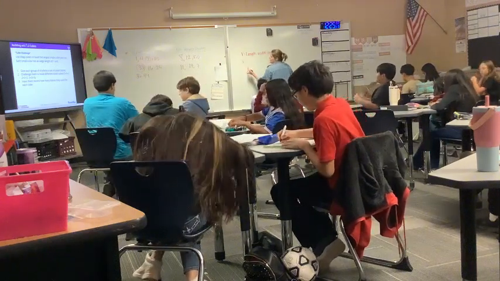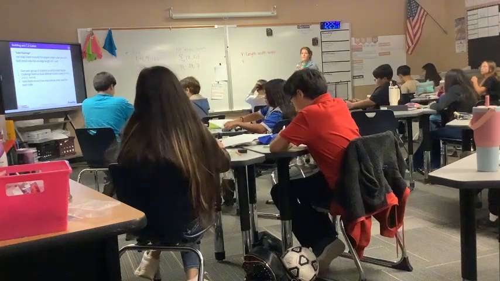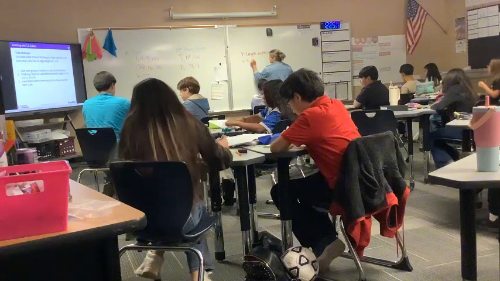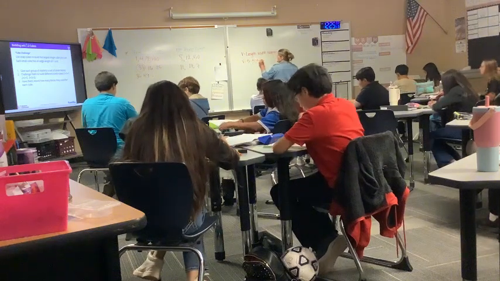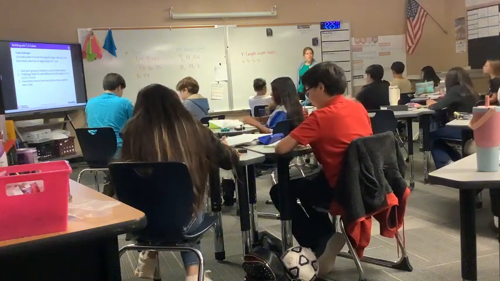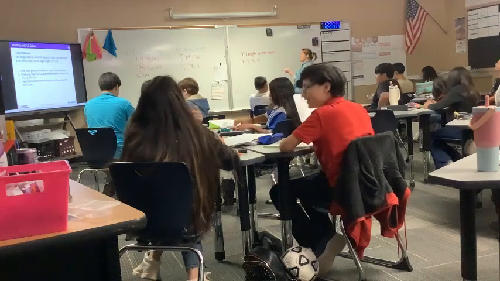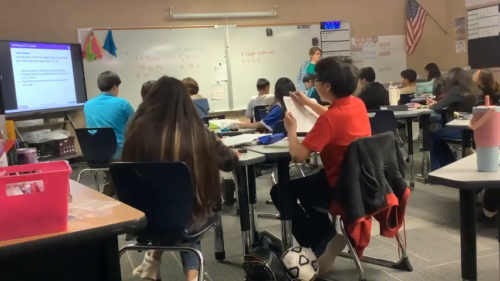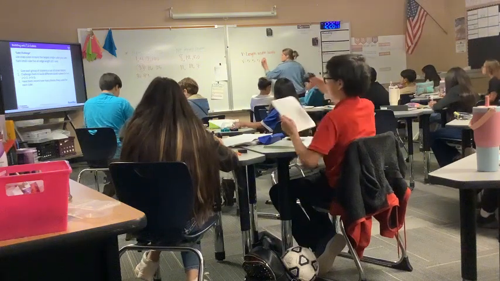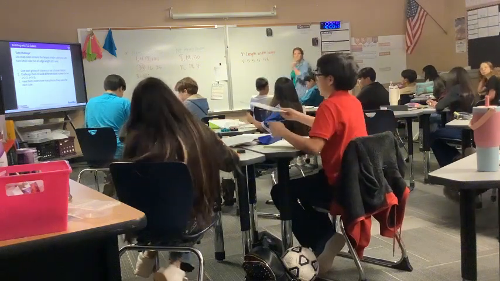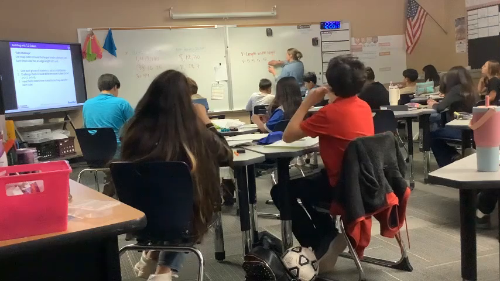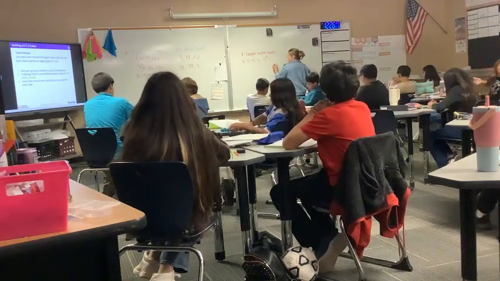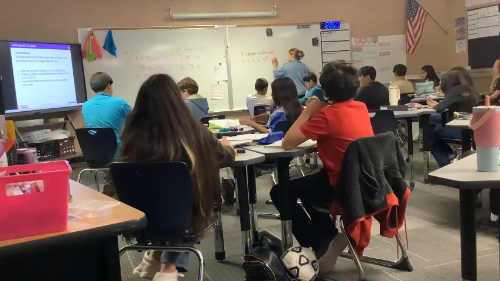So if I was doing a cube that was 5 by 5 by 5, I would write 5 times 5 times 5. Then, please pay attention, I want you to write it with an exponent. How would I write this as an exponent, guys? 5 to the power of 3. 5 to the power of 3. And then I want you to evaluate it. Okay?